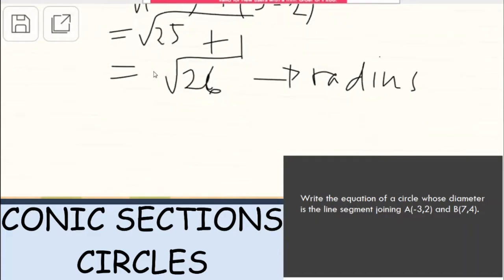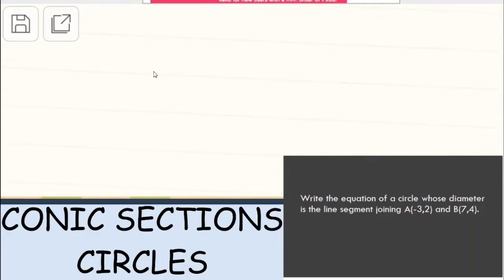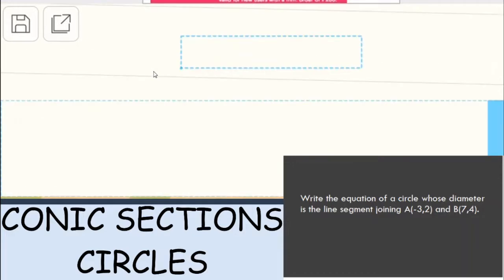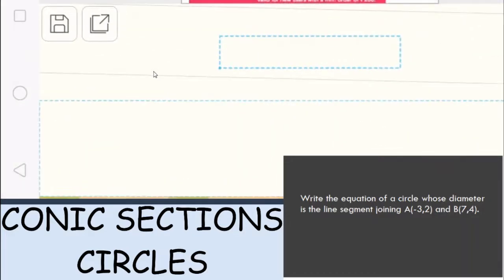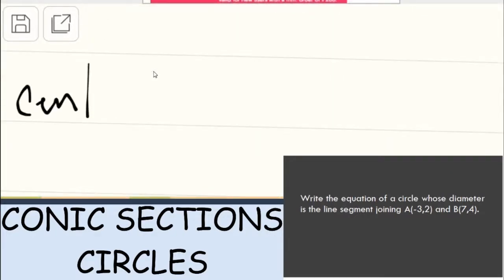Now since we already know the center, our center is 2 and 3.